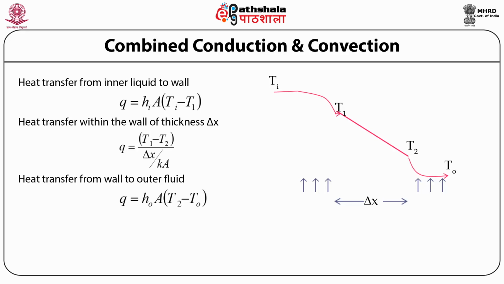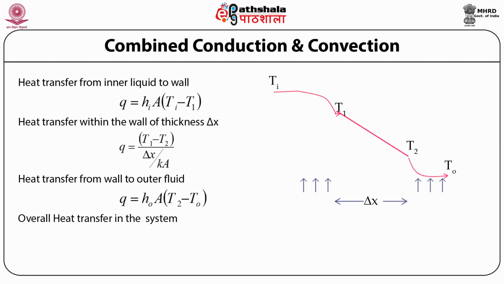The heat transfer from the outer wall to the environment is again convective heat transfer, represented as Q equal to H0 A into T2 minus T0, and the in-between case is conduction, that is Q equal to T1 minus T2 divided by the resistance. Now see how to calculate the overall heat transfer in the system.